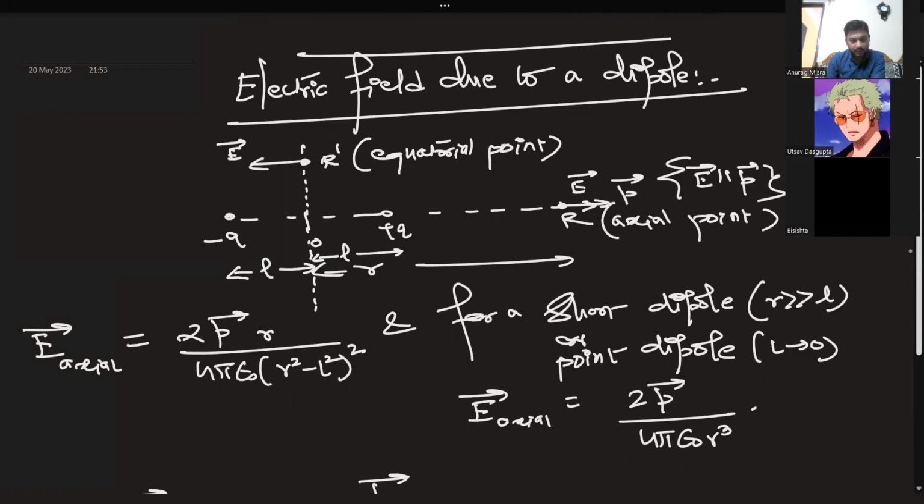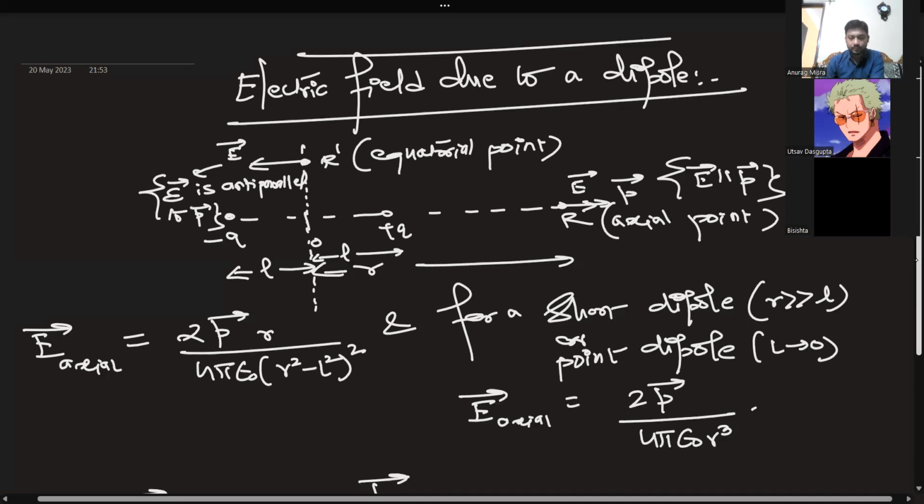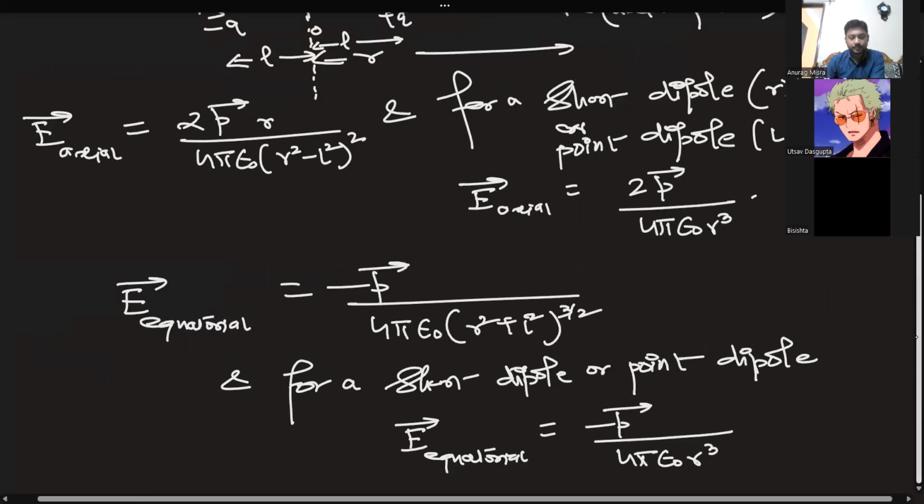So at this point, we can say that E is anti-parallel to P. Anti-parallel means the angle between the electric field and the dipole moment will be 180 degrees. Okay. Is that clear?